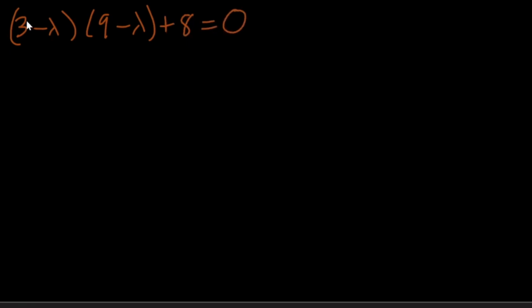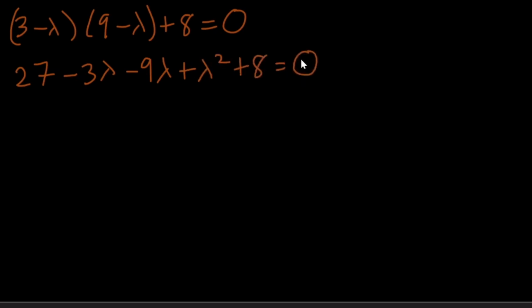So let's expand this. 3 multiplied by 9 would be 27. 3 multiplied by minus lambda will be minus 3 lambda. Minus lambda multiplied by 9 is minus 9 lambda. Minus lambda multiplied by minus lambda is plus lambda squared, plus 8 equals 0. And this could be rewritten as lambda squared minus 12 lambda plus 35 equals 0.